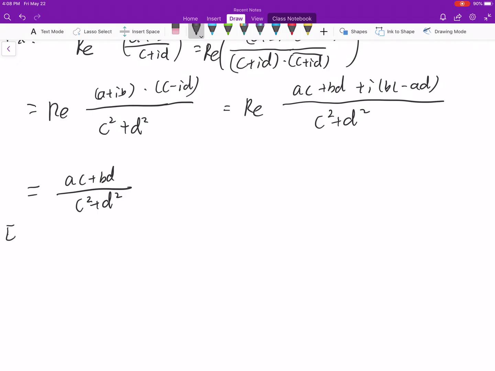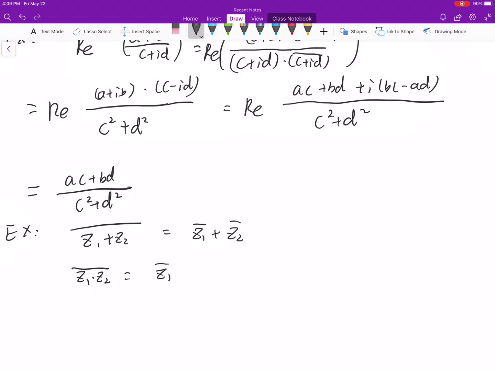And also you have the following property. The product and the addition commute with the complex conjugate. You have this one, and z1 times z2, take the complex conjugate.